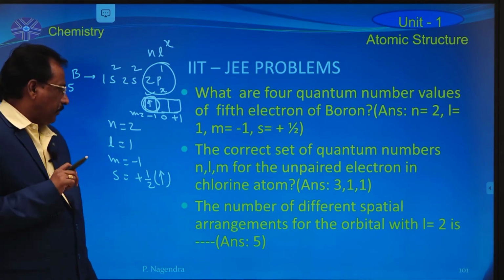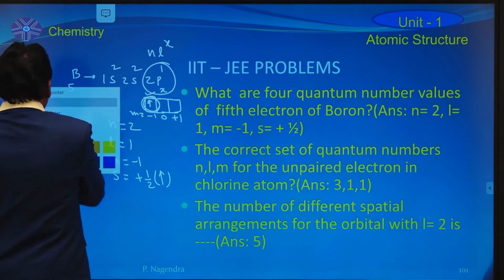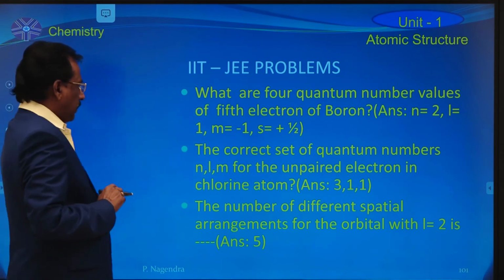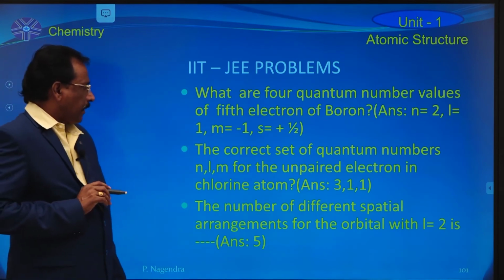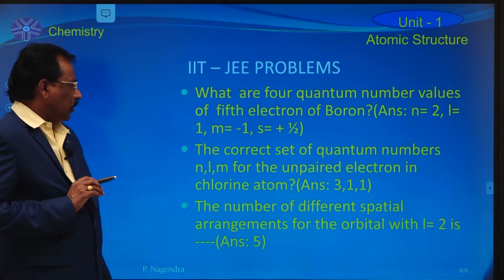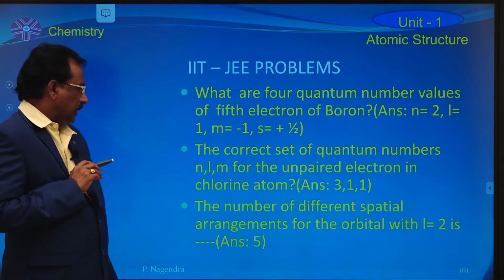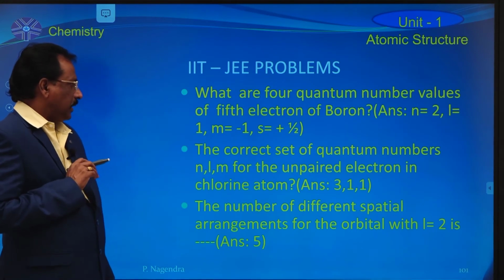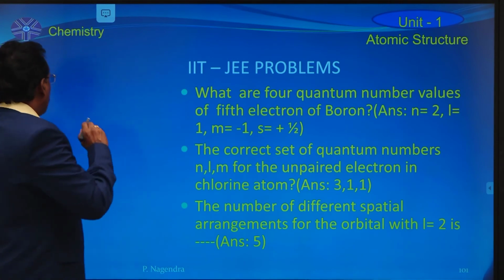So that is the way of calculating the 4 quantum number values for the fifth electron in the case of boron. Now the second question is the correct set of 4, or not 4, 3 quantum numbers n, l, m for the unpaired electron in the chlorine atom.